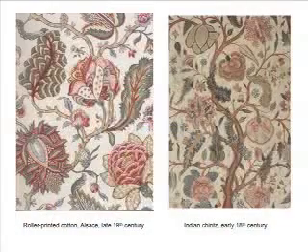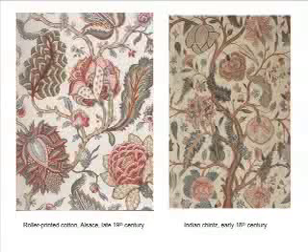Of course, this was the Industrial Revolution. And the reason that the Industrial Revolution was taking place was largely in order to make textiles that could compete with the Indian imports. And this was really the end of the story for Indian chintz. And European printed textiles started to take their place.